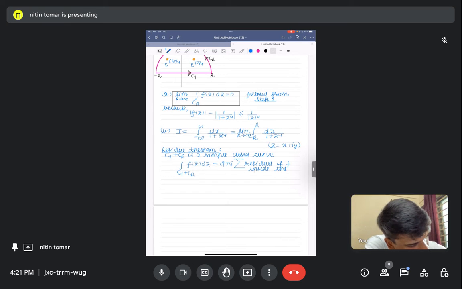This is what the residue theorem is all about.